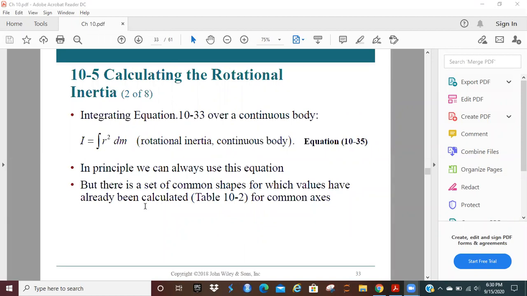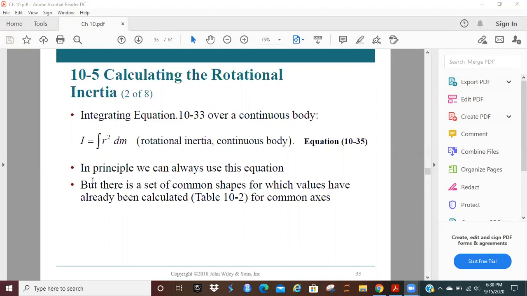So let's say that you have a continuous body and you are attempting to determine the rotational inertia. If you're going to use calculus, basically, you're going to take the radius squared and multiply it by dm and integrate that over the entire mass that you have. In principle, you can use that, but it can get complicated.